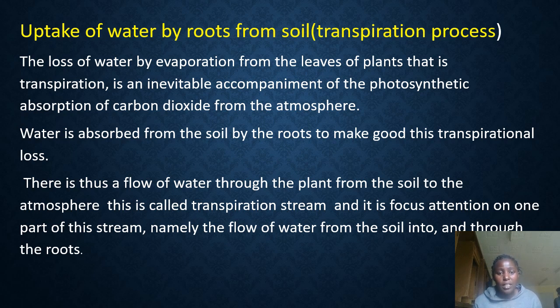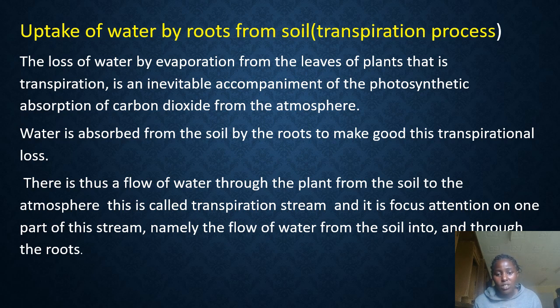The loss of water by evaporation from the leaves of plants, that is transpiration, is an inevitable accompaniment of the photosynthetic absorption of carbon dioxide from the atmosphere. Water is absorbed from the soil by the roots to make good this transpirational loss. There is thus a flow of water through the plant from the soil to the atmosphere.